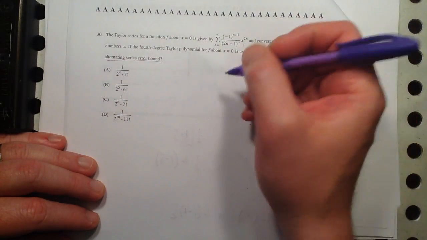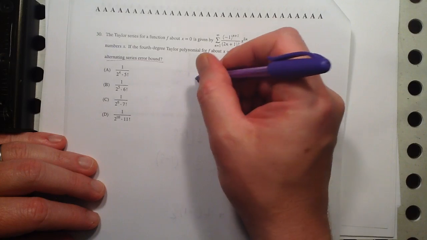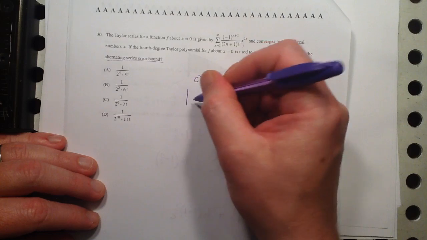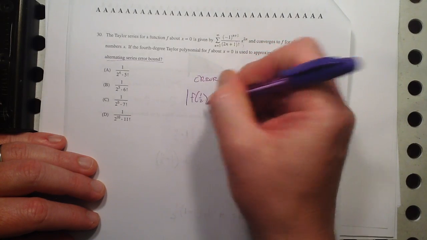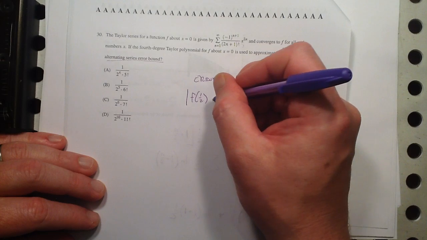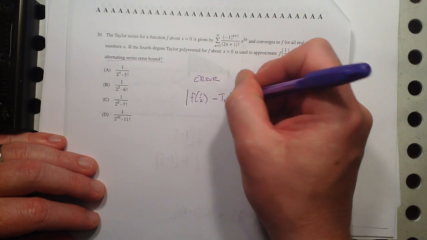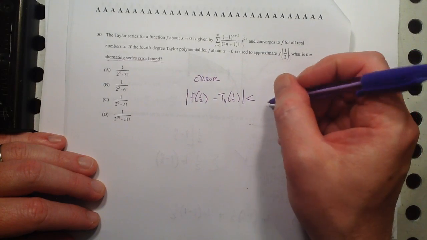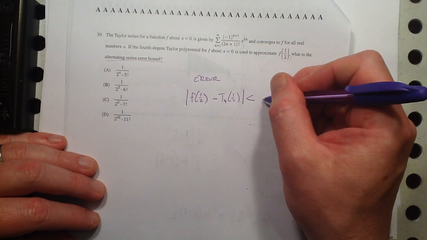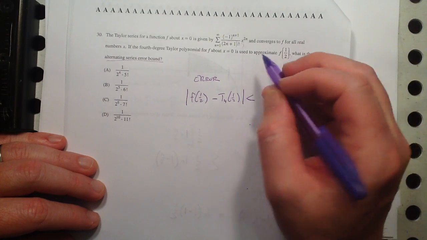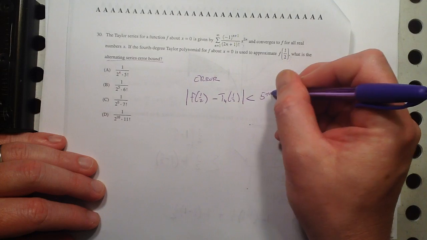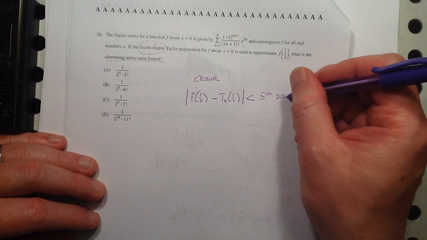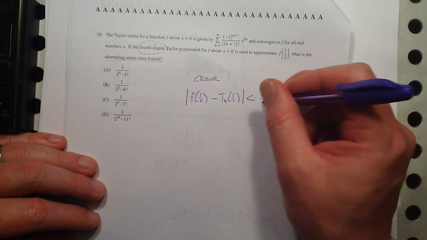Well, the error, the difference between f of 1/2 and the 4th degree Taylor approximation, is not more than the 5th term, the 5th degree term. So I just really need to find the 5th degree term.